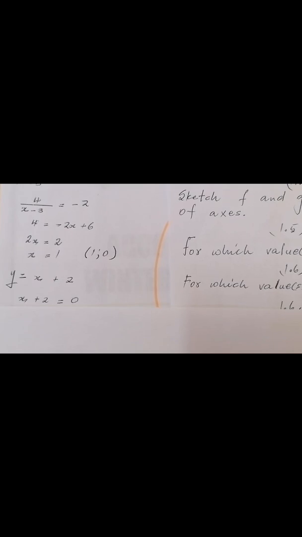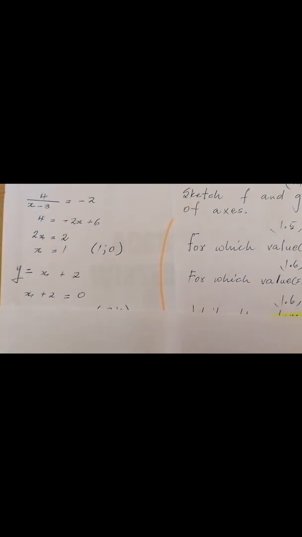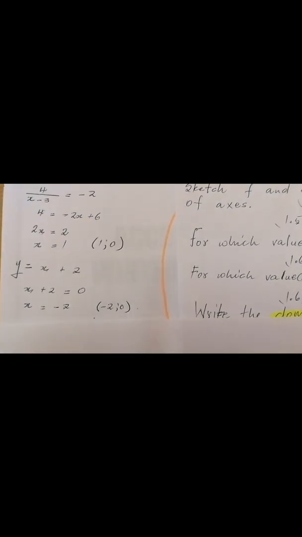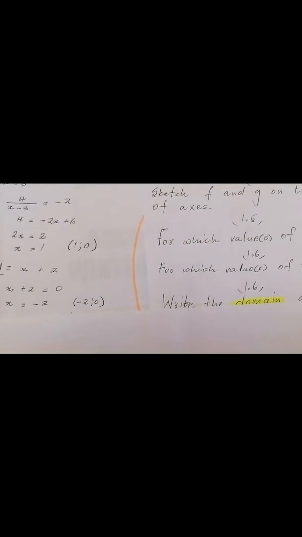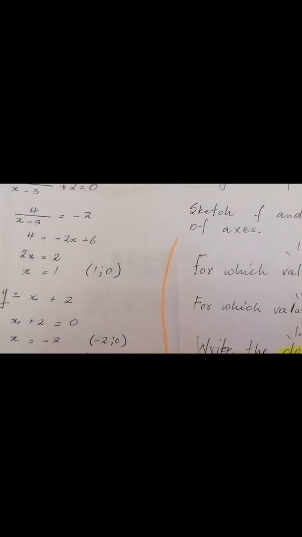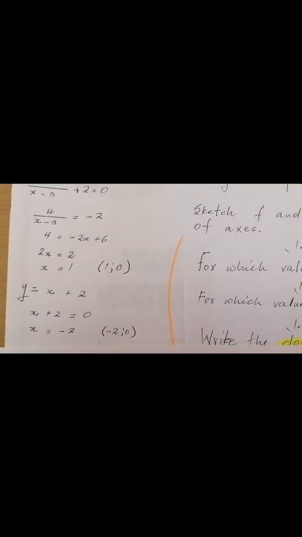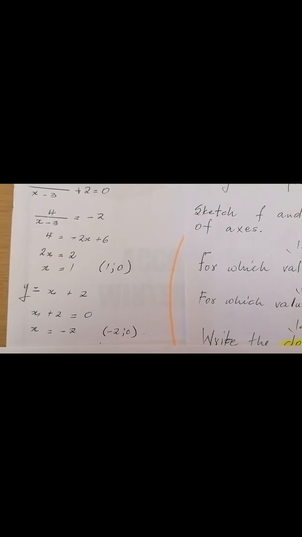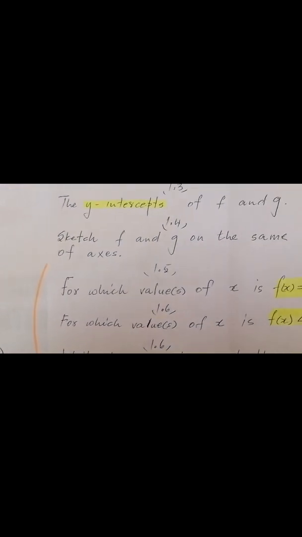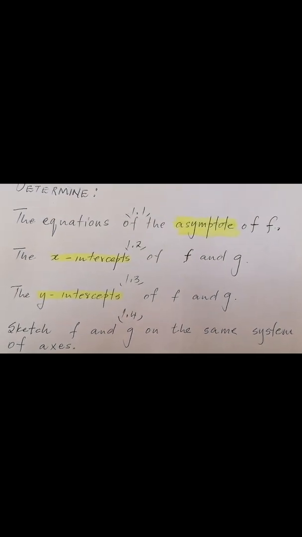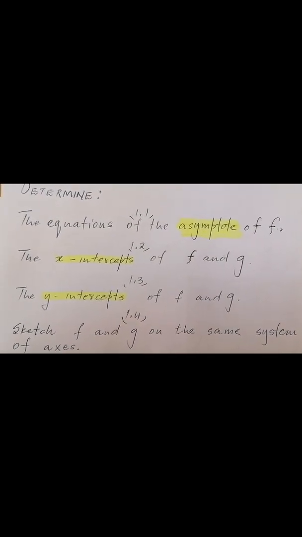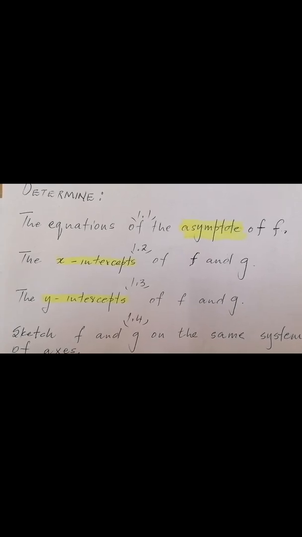Let's quickly do that. Take plus 2 to the other side of the equal sign. It becomes minus 2. The x-intercept of the straight line will have the coordinates (-2; 0). We have answered the question that required us to determine the x-intercept of the two functions.